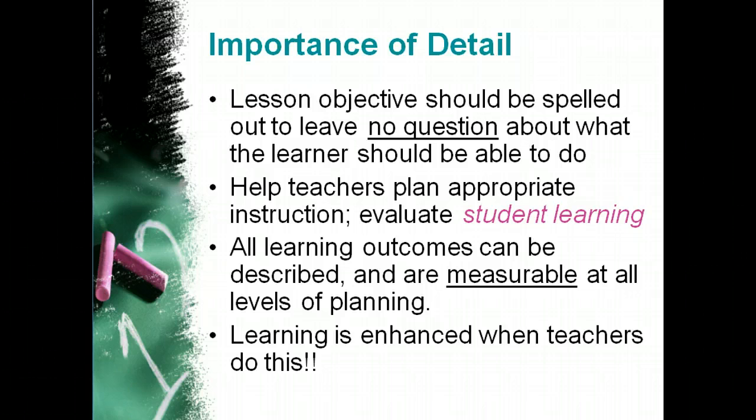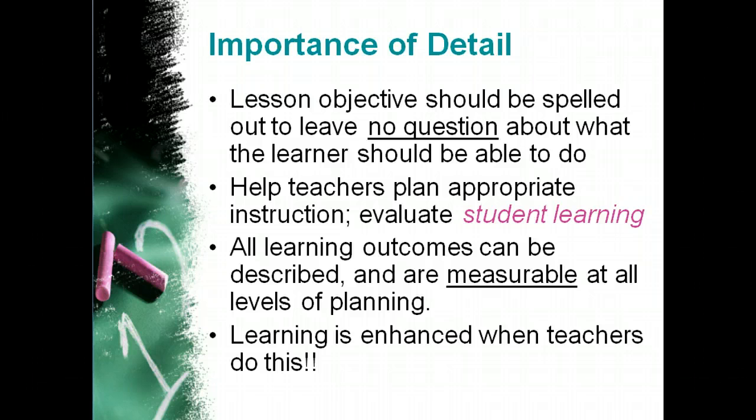Lesson objectives should be specific enough that there is no question about what the learner should know and be able to do by the end of the lesson. The importance of the detail is that it helps teachers plan appropriate instruction and evaluate student learning. It also helps us supervisors know exactly what students are supposed to know and be able to do at the end of the lesson.